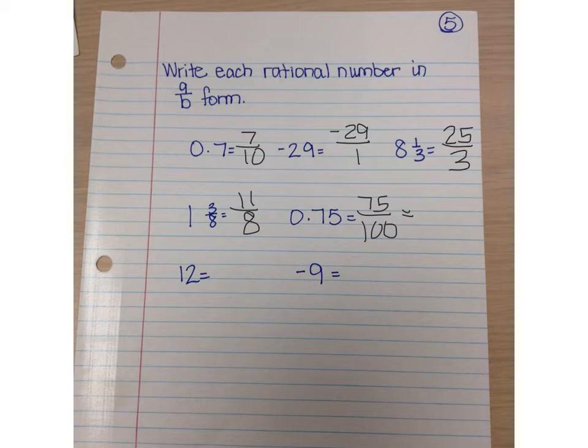It would be 25, the greatest common factor. 25 goes into 75 3 times, and it goes into 100 4 times, so 3/4. Now we have 12, and it's a whole number, so we just put it over 1: 12 over 1. The same goes with that 9. We'd put a negative in front of it, and it is negative 9 over 1.